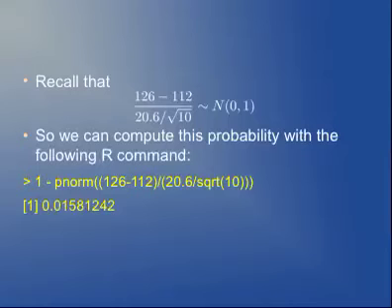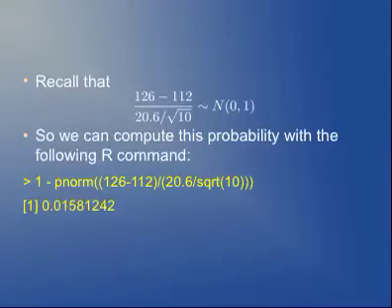Since we know that, we can compute the probability using the R command. What pnorm does is give the probability that with the normal distribution it's less than that certain value, but we want it to be greater than the z-statistic since we want to see if the birth weight is greater than 126, so we do 1 minus pnorm.